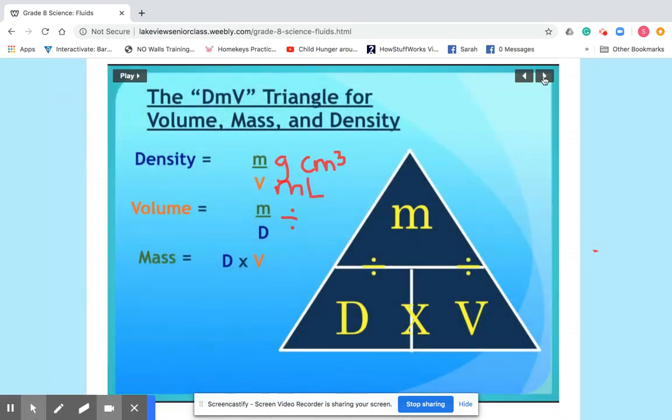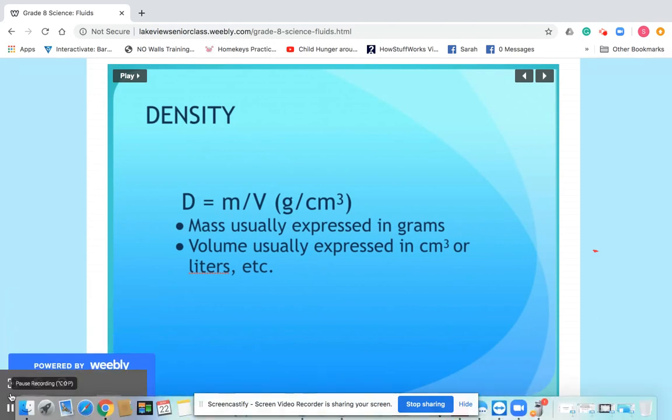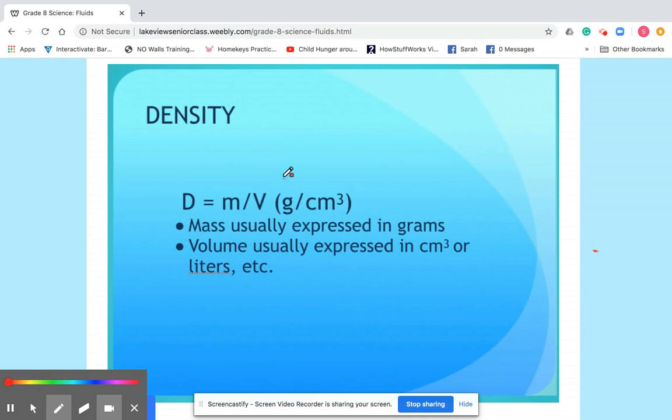Okay, moving on. So we already know that density is mass divided by volume. So the units for density are grams over centimeters cubed. So I'd like you to write that down. This is the units for density.